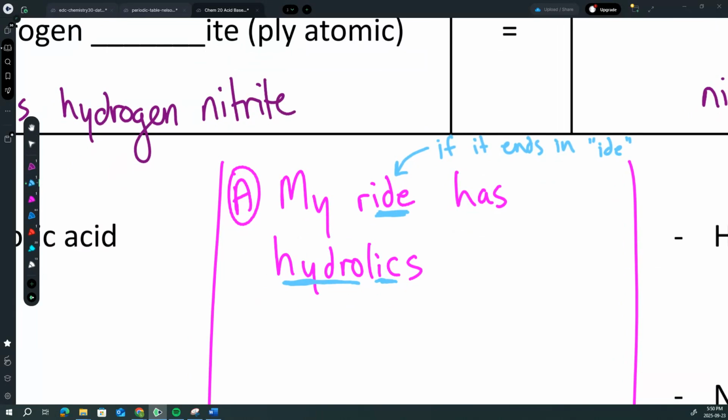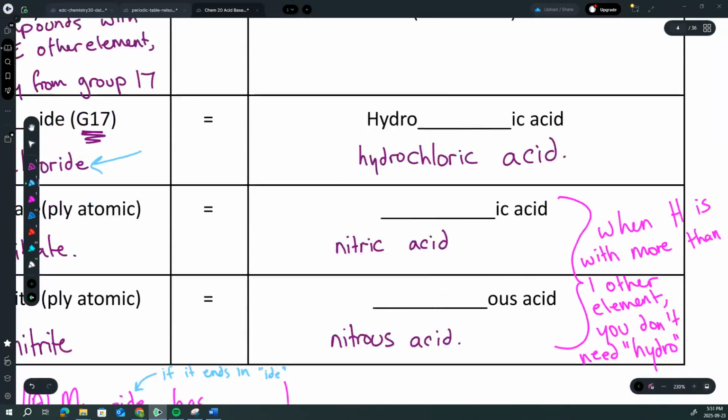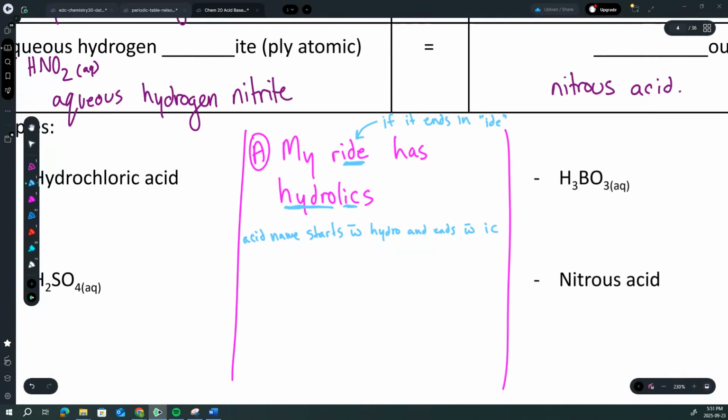The acid name starts with hydro and ends with ic. And then we're just assuming that you know to also add acid. So be aware of that.